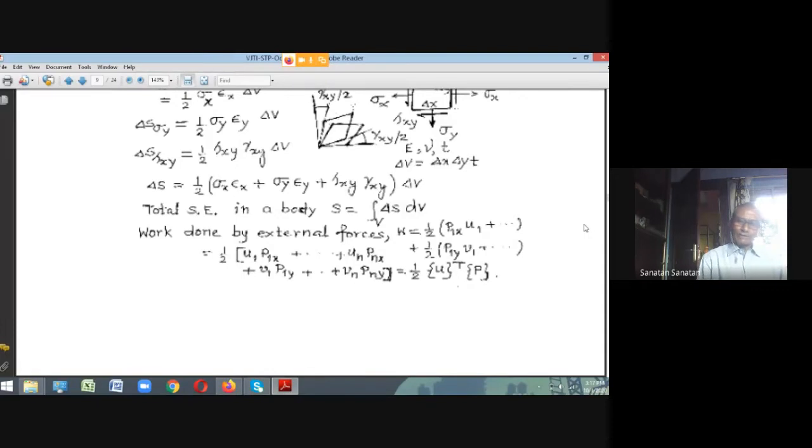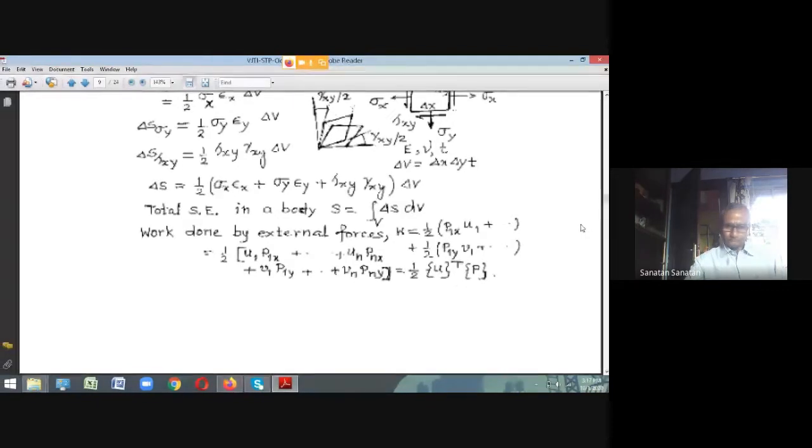Similarly, for the work done by external forces, think of a case where you have a body wherein the loads acting at the boundary at point 1 are P1x, P1y, then at the second point P2x, P2y, and it goes on.